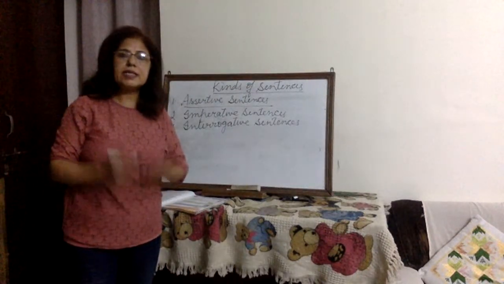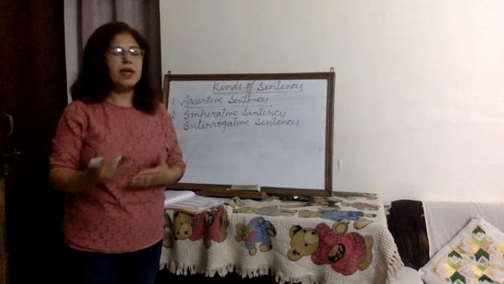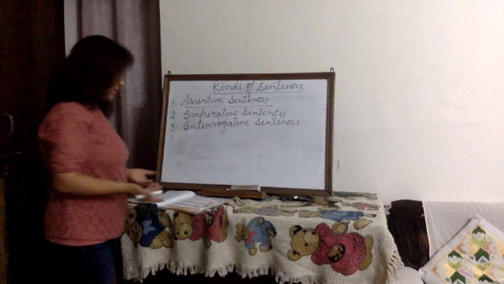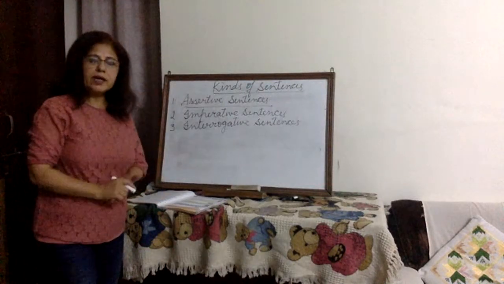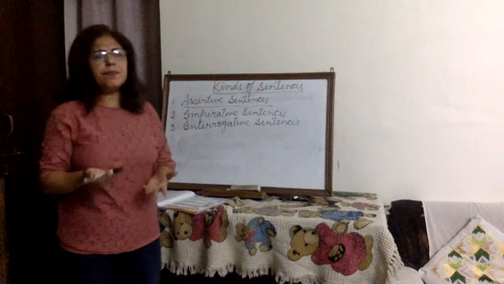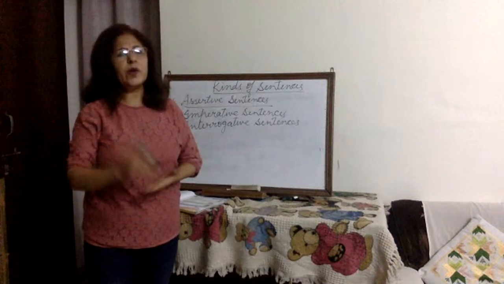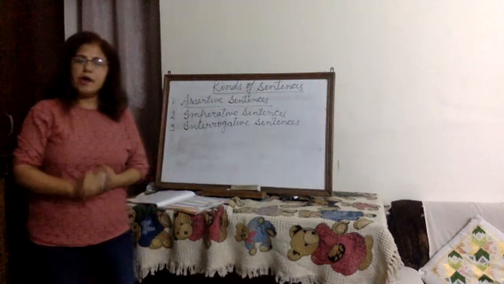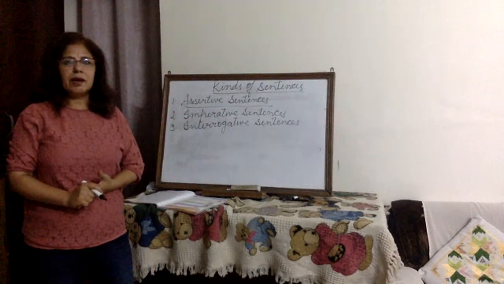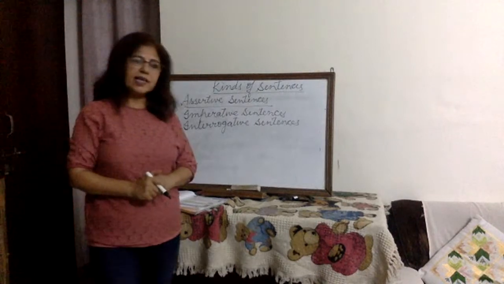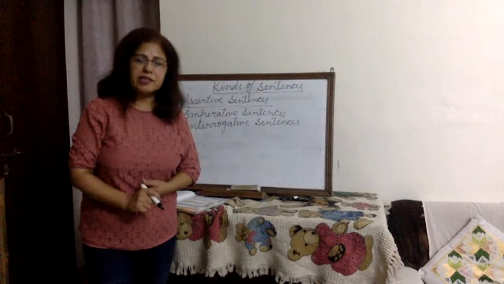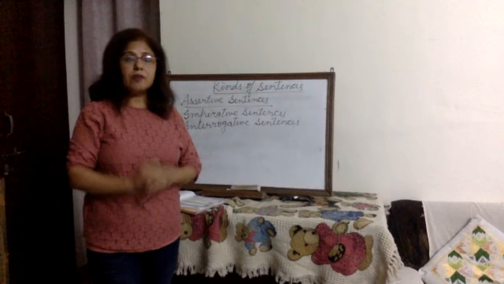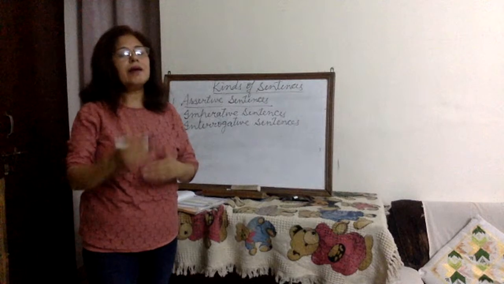So what are the examples of interrogative sentences? Simple questions. What is your name? Where do you live? What's your father? These are very simple sentences. Are you going to school these days? Do you stay at home these days? Are you taking care of yourself these days? Are you taking precautions? Are you staying home? So all these are questions.